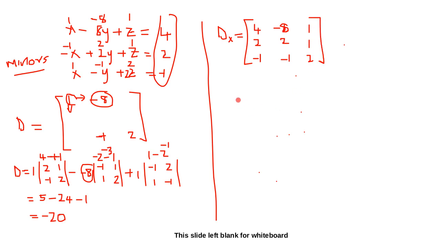So now to get the determinant dx, again we follow the same procedure. We start with the first element here, which is 4, times its minor. So 4 is appearing in row 1, so we delete row 1, we delete column 1.